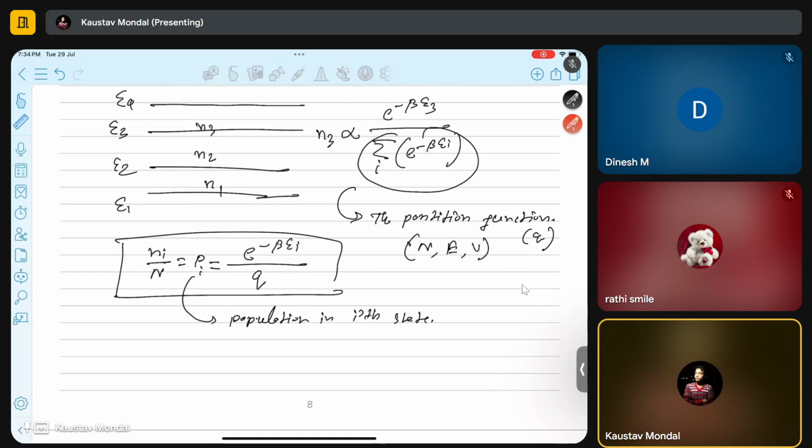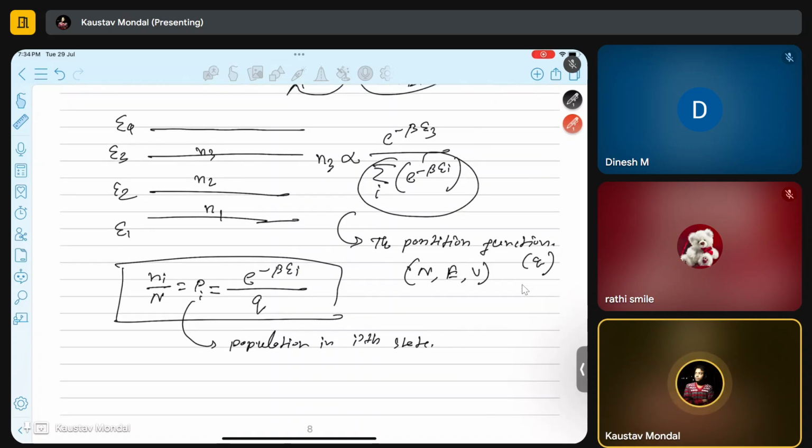So now the next thing to consider is that here we have assumed all the energies are non-degenerate, so an energy level is not further split into other different energies.